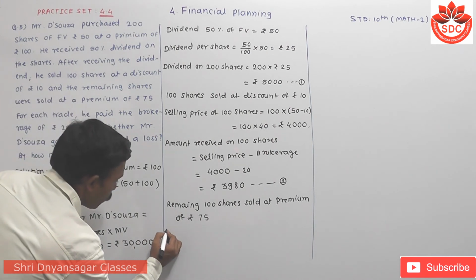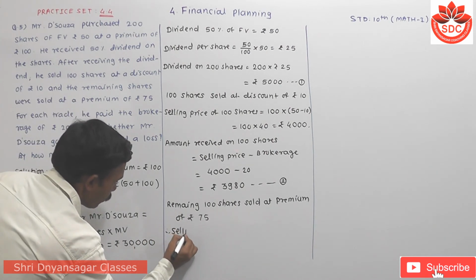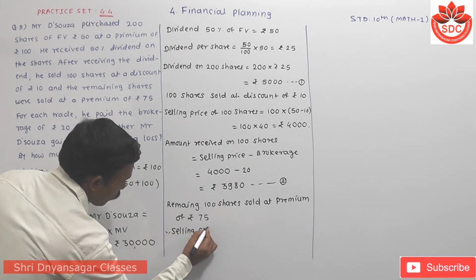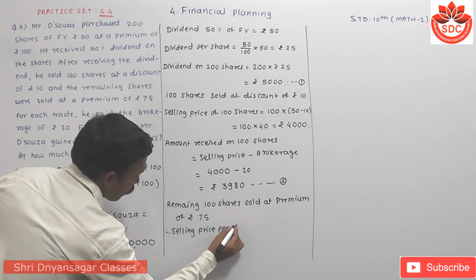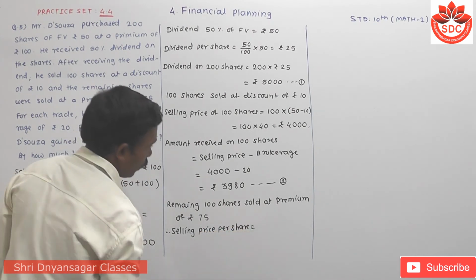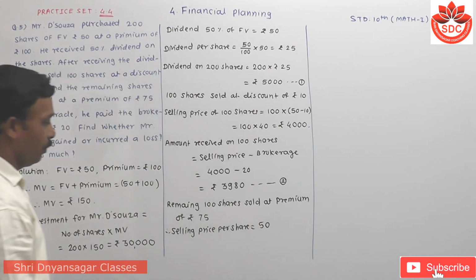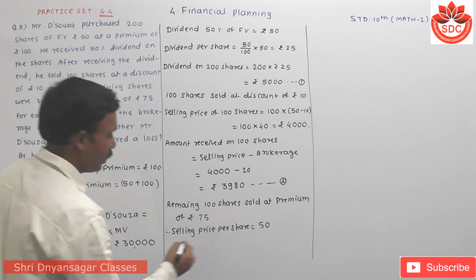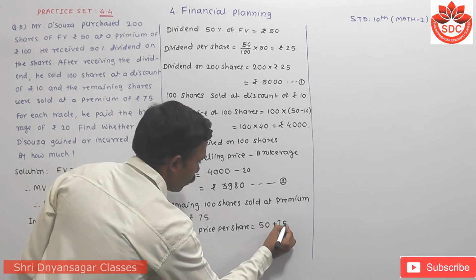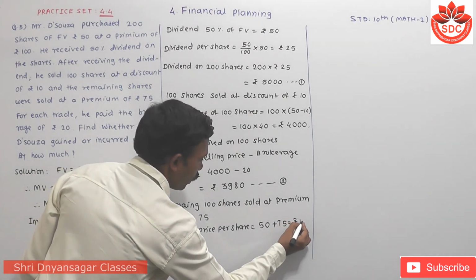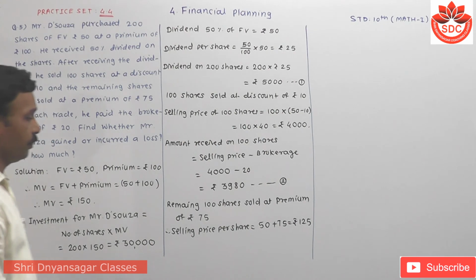Therefore, the selling price per share is equal to the original price 50 plus this 75, which is equal to rupees how much? 125.